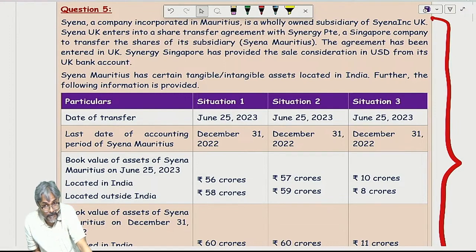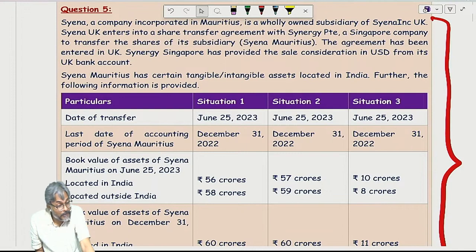Just like we had Singapore in between, here we have Mauritius in between. And we had USA, the holding company; here it is Sienna Inc. UK. Next, Sienna UK enters into a share transfer agreement with Synergy PT, a Singapore company, to transfer the shares of its subsidiary Sienna Mauritius.